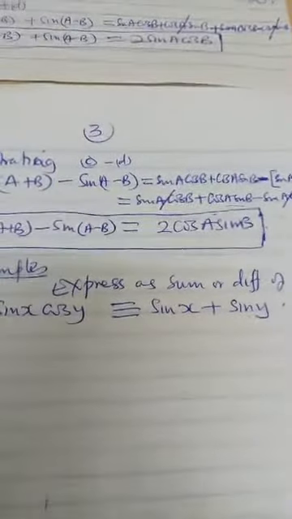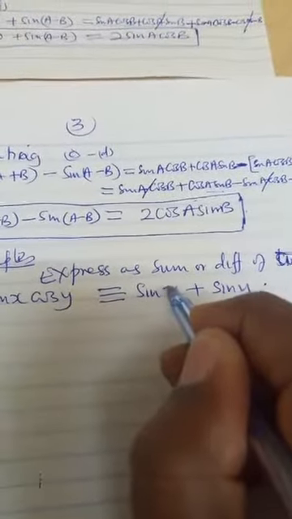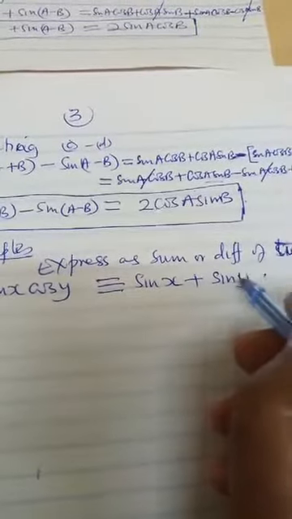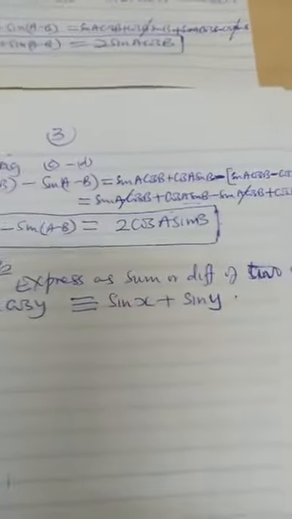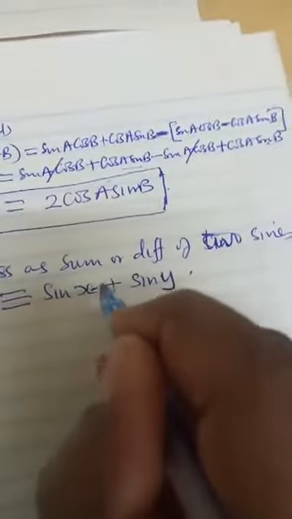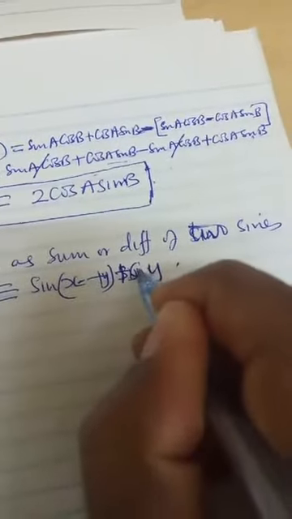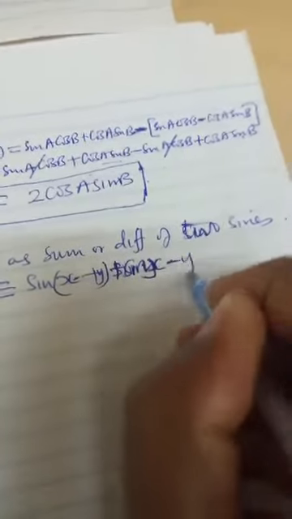If you add the sine of x plus sine y, that will give you a half. But if you are saying it is 2, it is the sine of x plus y plus the sine of x minus y.